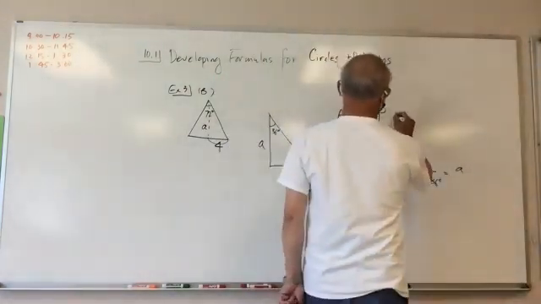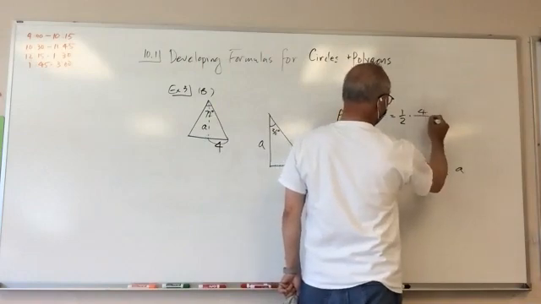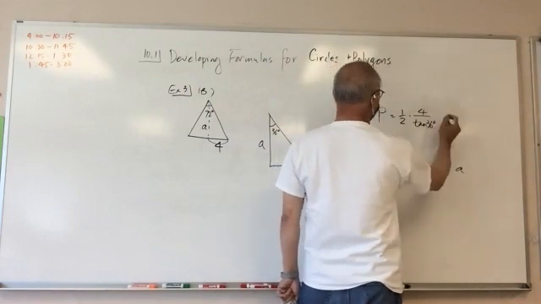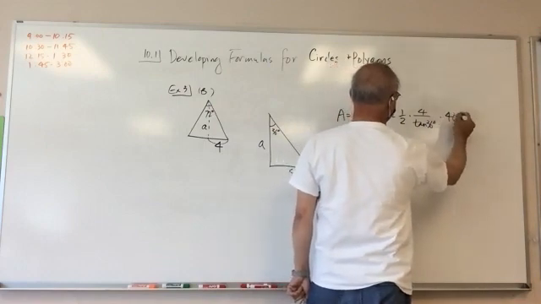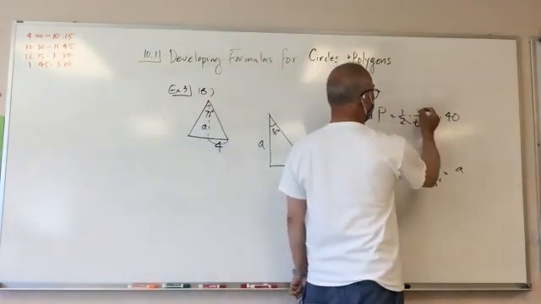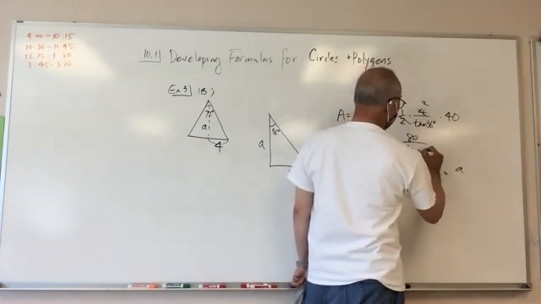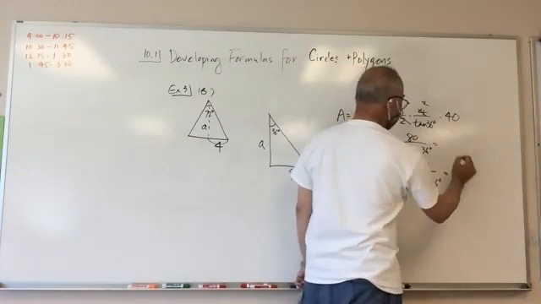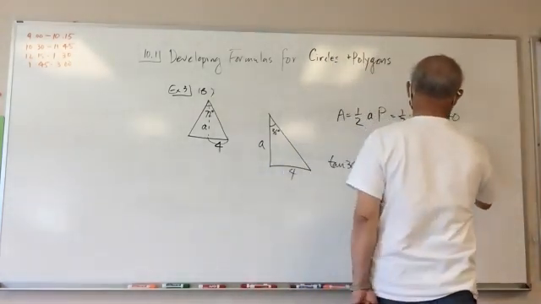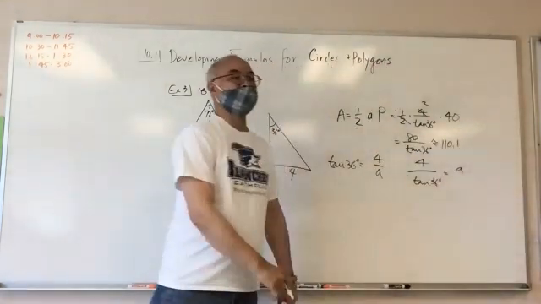Okay. So it's going to be 1/2 this guy times P. We found that P to be 40. Right? So 80 divided by tangent 36. According to the book, that is 110.1, or approximately that, obviously, right?